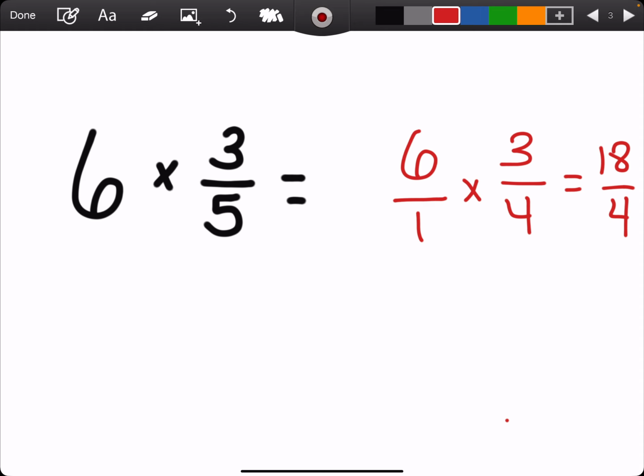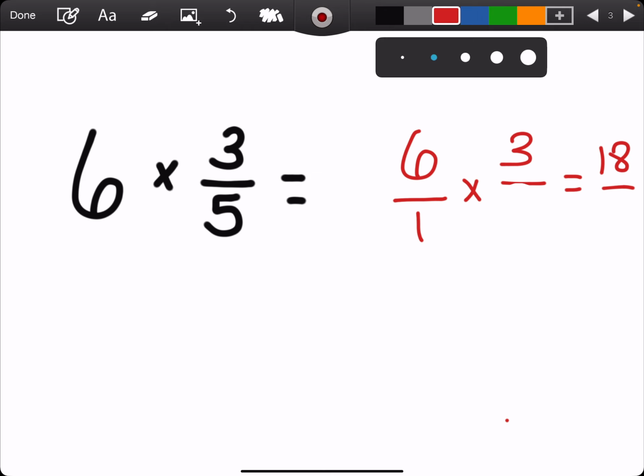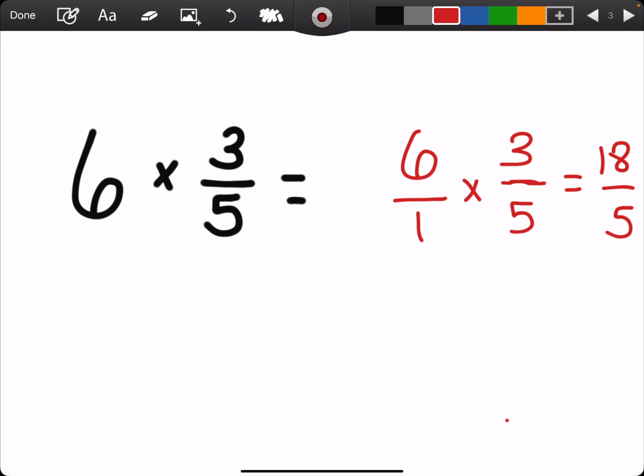But here, I apologize, your denominator was 5, all right? So it would be exactly the same, I'm keeping my denominator the same.